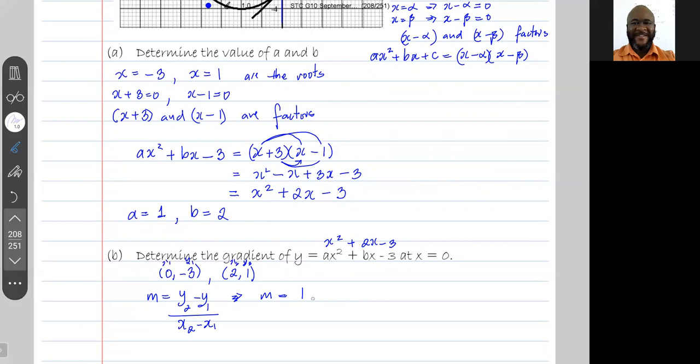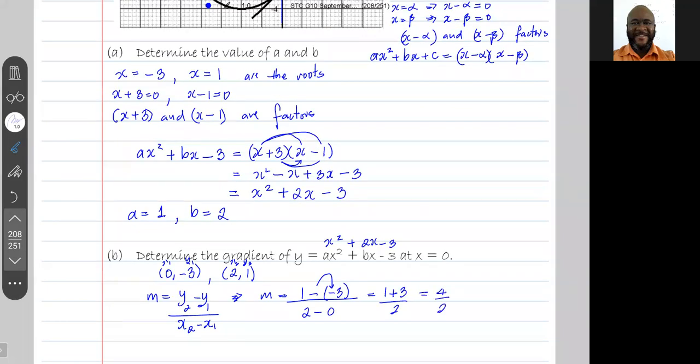So y2 is 1 minus y1, which is minus 3, over x2, which is 2, minus x1, which is 0. This is 1 plus 3 over 2, because a negative times a negative is a positive. And now we have 1 plus 3 is 4. This is 4 over 2.